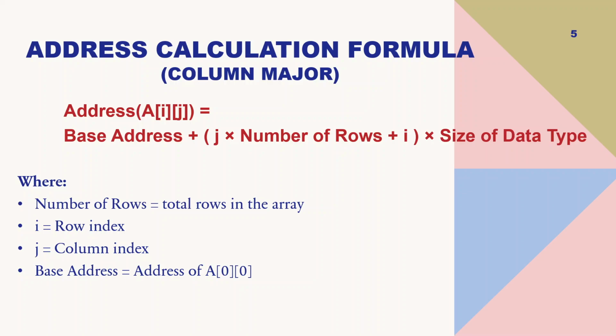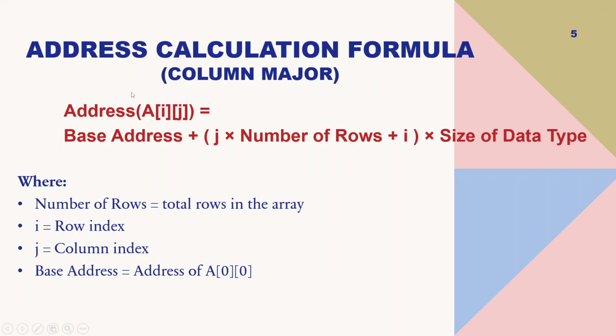Now let us understand the address calculation formula in column major order. In column major order, the elements are stored column by column in memory. So to calculate the address of an element A[i][j], we use this formula.